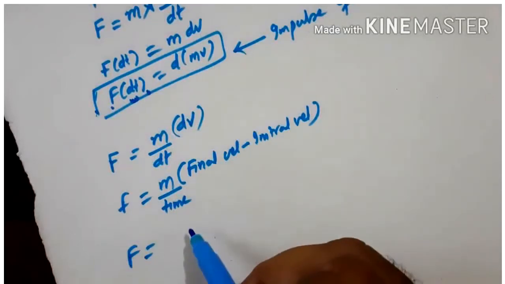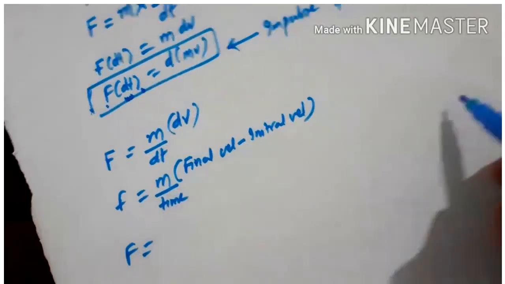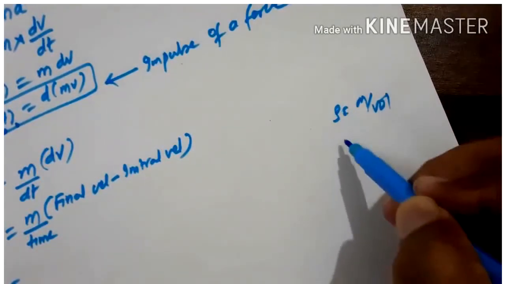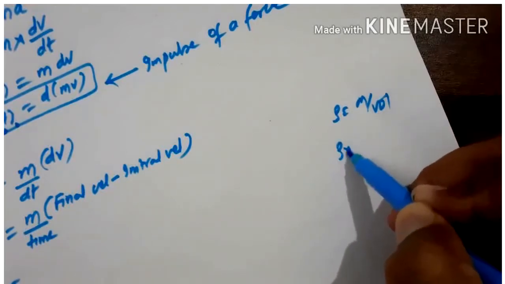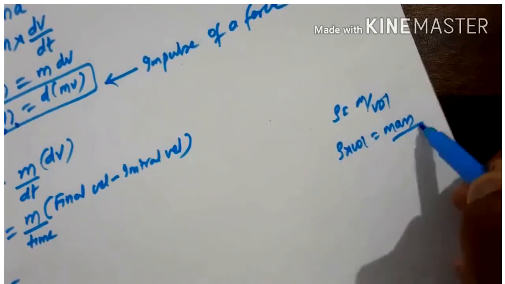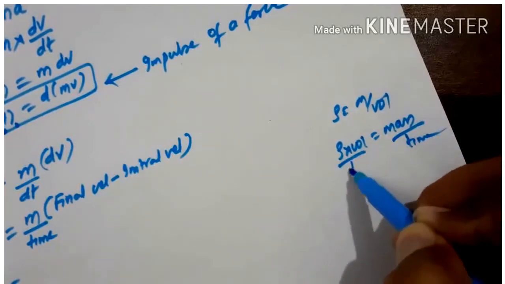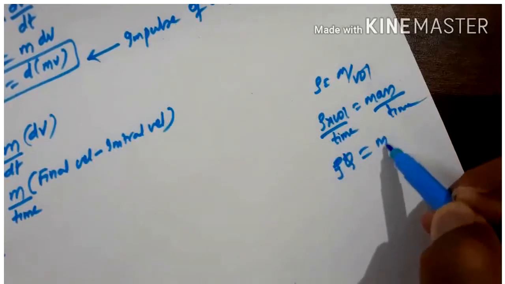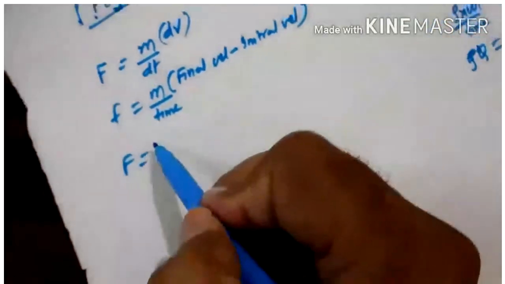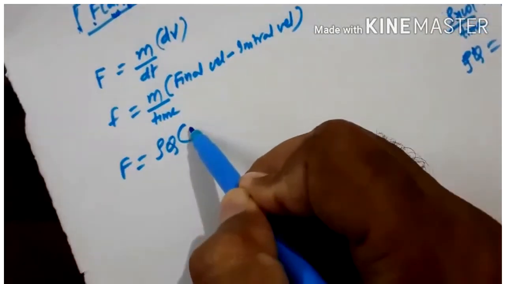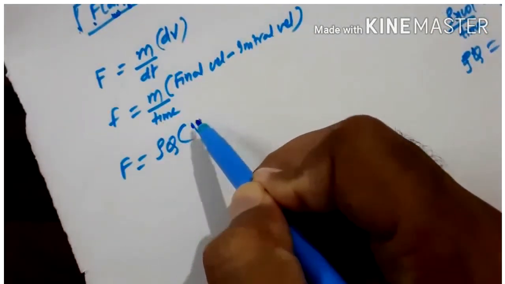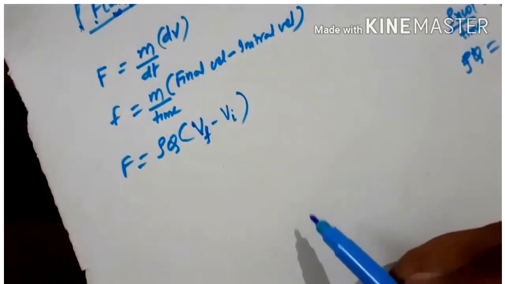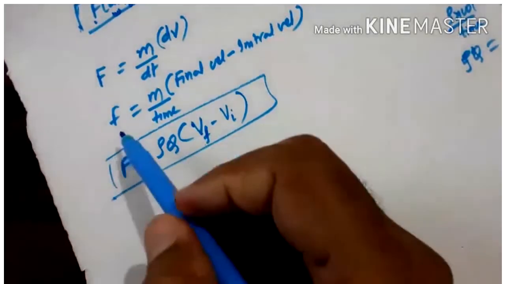Now density equals mass by volume, so density into volume equals mass. I want mass per time, so divide this side also by time. Then what do we get? Rho into Q, mass per time. So I can write rho into Q into v final velocity minus v initial velocity. So this can be used.